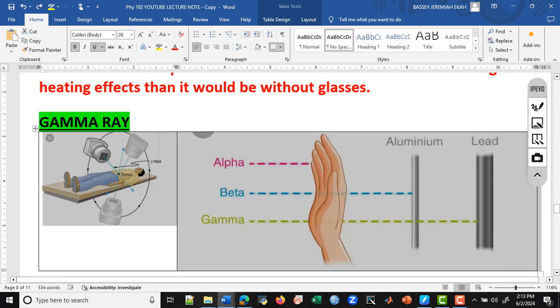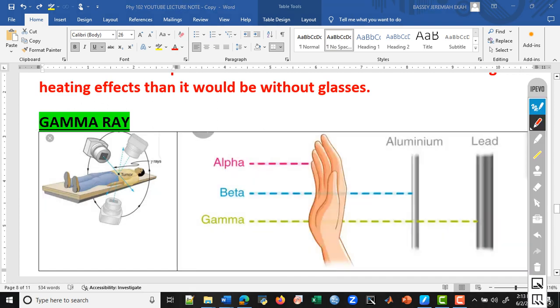If you look critically and carefully into this figure, you will see a room. So the gamma ray can be used for medical treatment. It could be used to kill cancer or cancerous cells in the body.